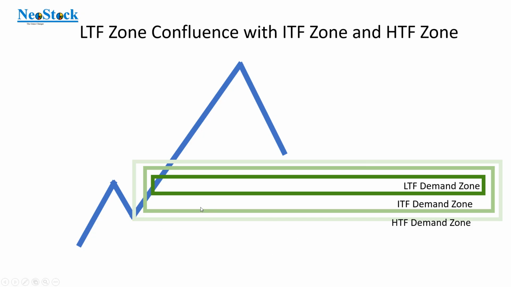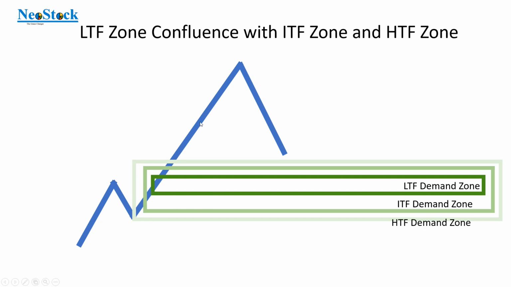When we won't be having a supply zone here, when it is a strong bullish trade setup, say for example, a new demand zone is created. While creating it, inside it an ITF demand zone is created and also inside that an LTF demand zone is created.